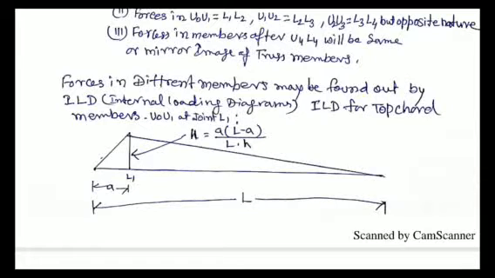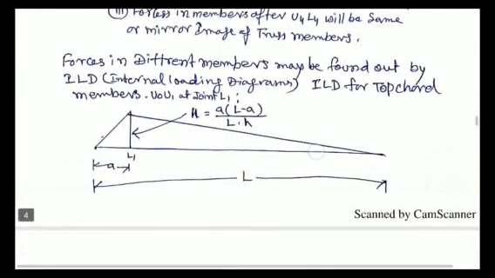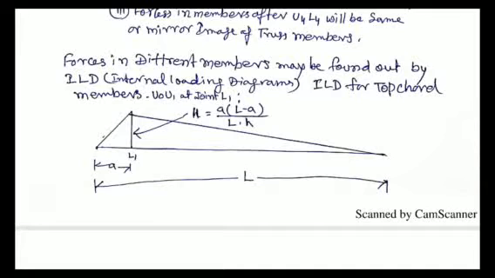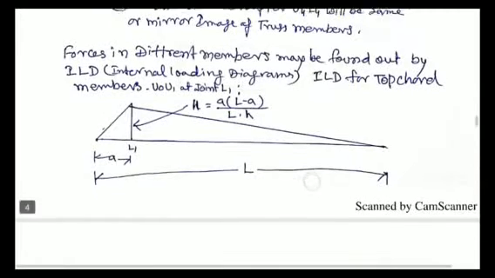equal to A multiplied by L minus A divided by L multiplied by H, where A is the total number of spans multiplied by span length or panel length before the joint, L is the total span of the girder, and H is the height of the girder.